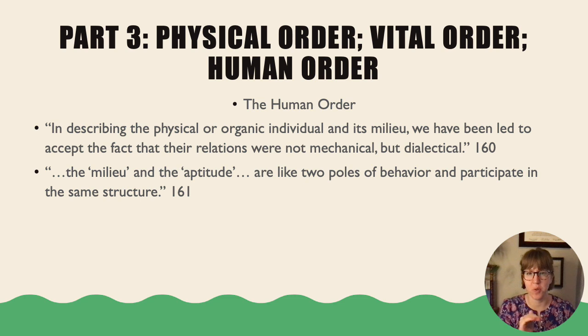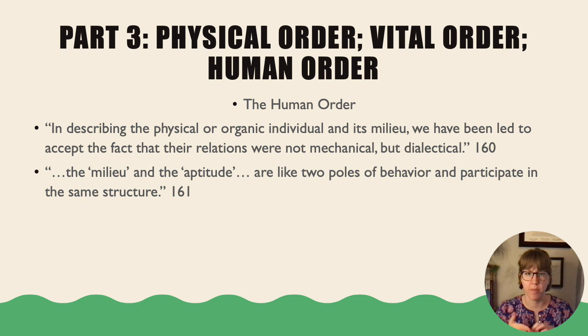And so this is one of those quotes that I wanted to put on my slideshow and just notice it and keep it in mind, that these two terms, milieu and aptitude, are going to be like two poles on the spectrum, two poles of behavior. And they are, I think, dialectical. They are kind of in this circular process, and they are participating in the same structure.